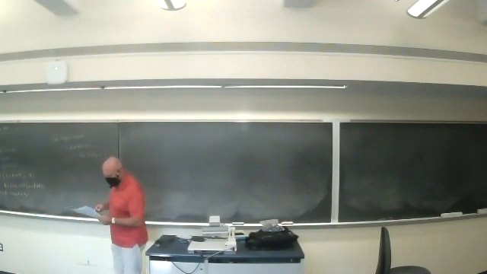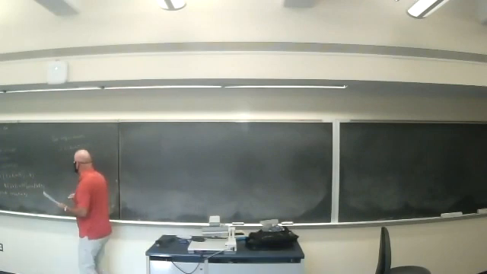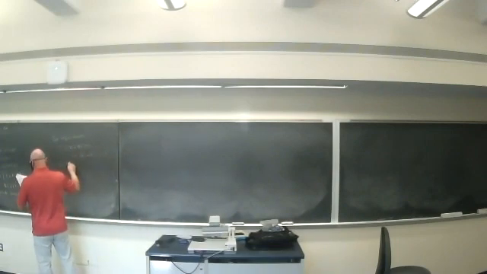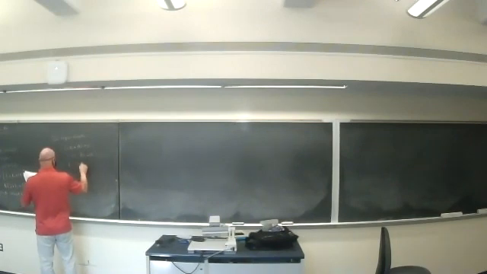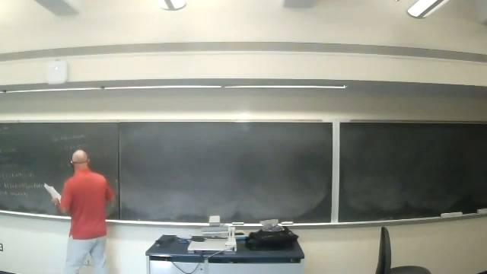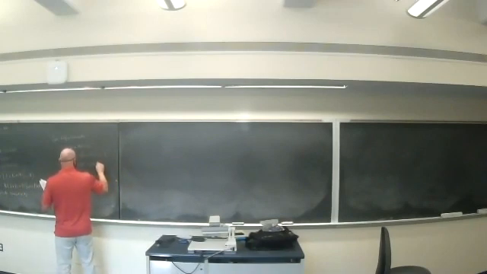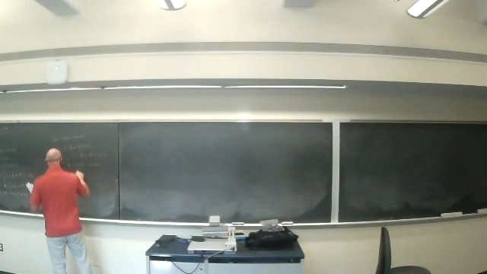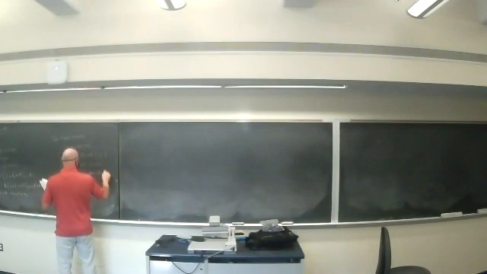Again, we'll see why in just a minute. And the other requirement is that the carrier frequency is much, much greater than W, where W is the bandwidth of the message.